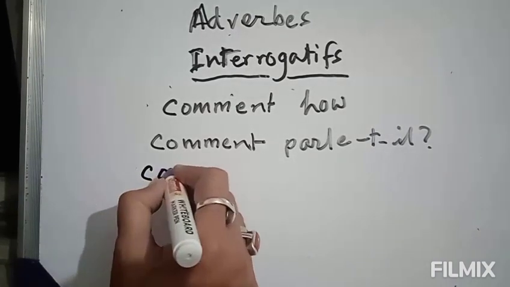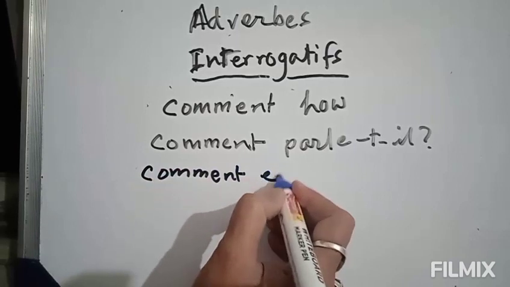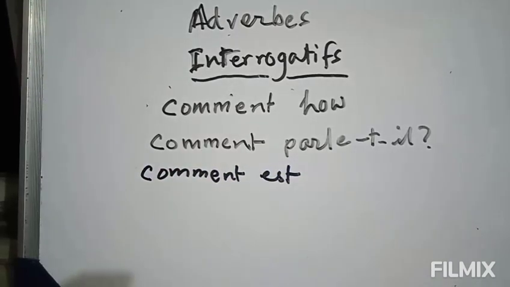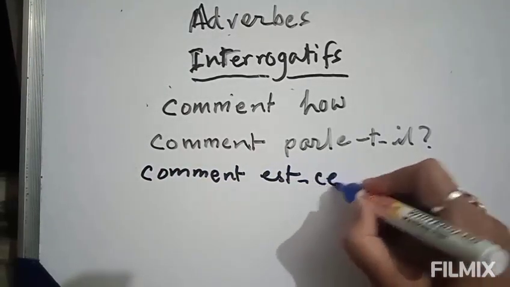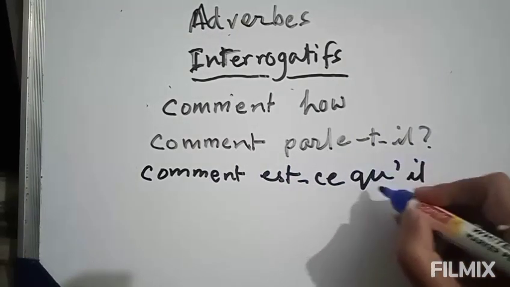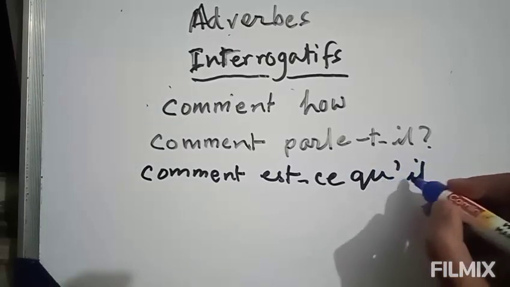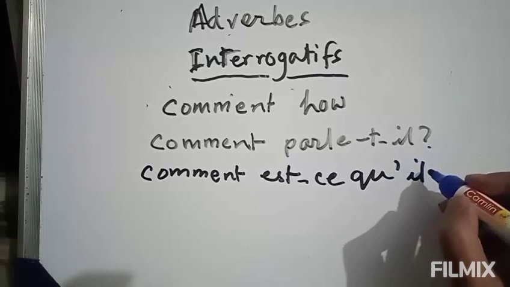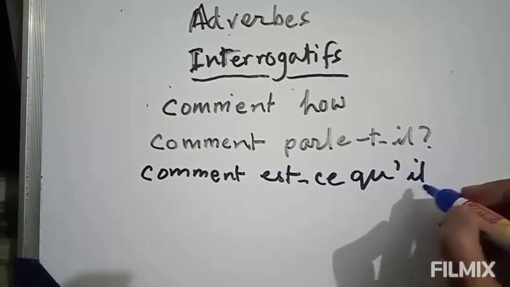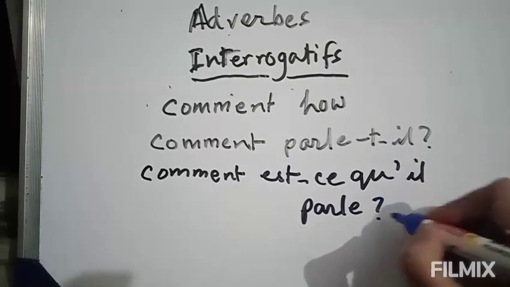Another way, comment using the est-ce que element: comment est-ce qu'il parle? Here I am not writing que in full, that is e and i, two vowels side by side, so I am using an apostrophe. Comment est-ce qu'il parle? This is an interrogation.